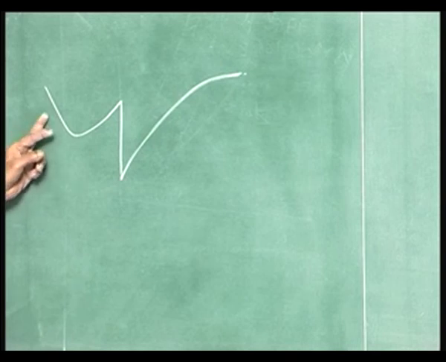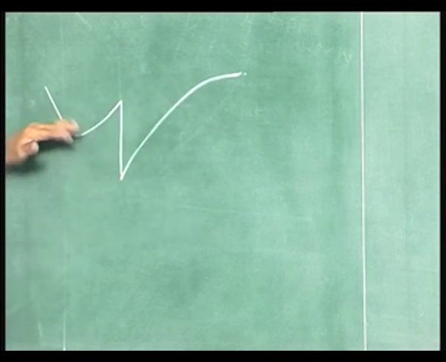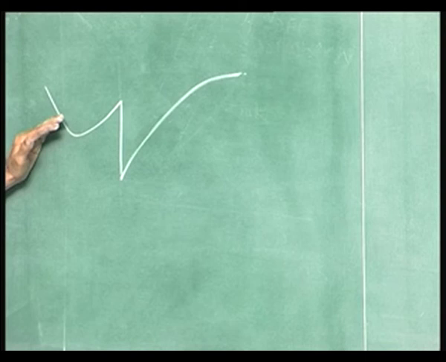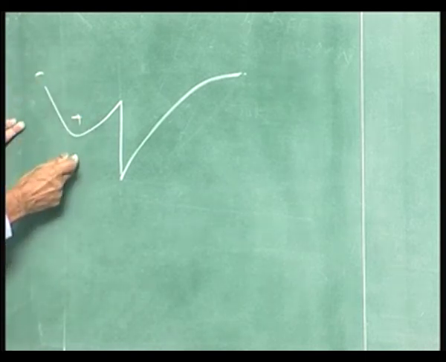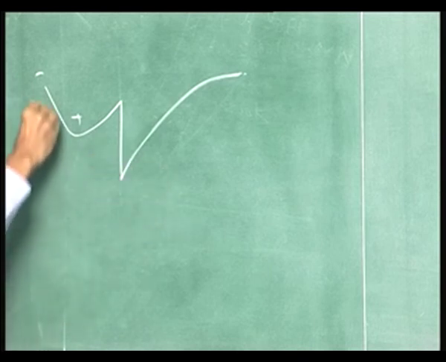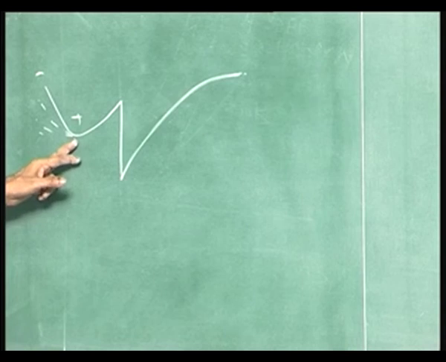I keep on reducing the voltage, make it more and more positive, this will keep on moving up, but this will actually keep on becoming flatter and flatter. See, this is plus minus here, I am making this positive with respect to the whole thing. So, this will keep on coming like this, and at a certain point it will open up here.